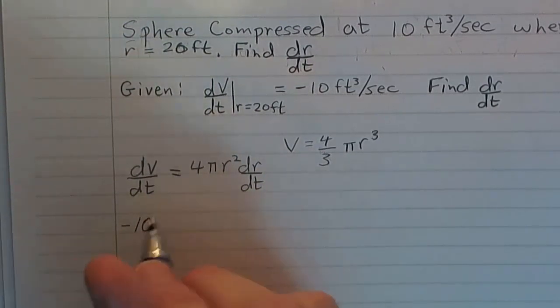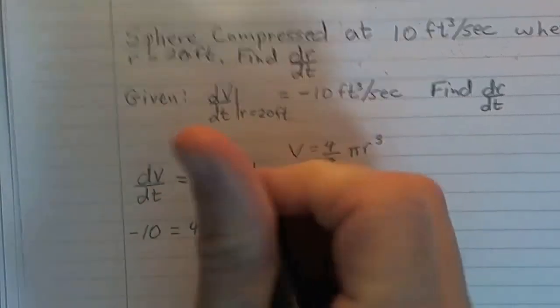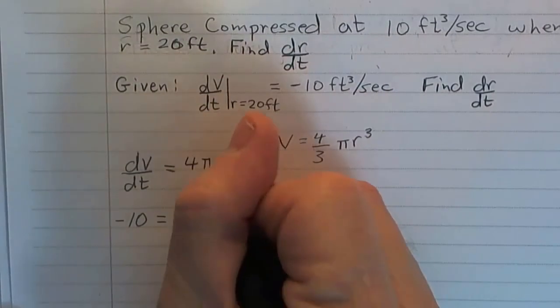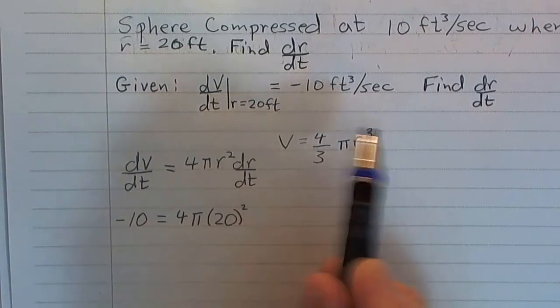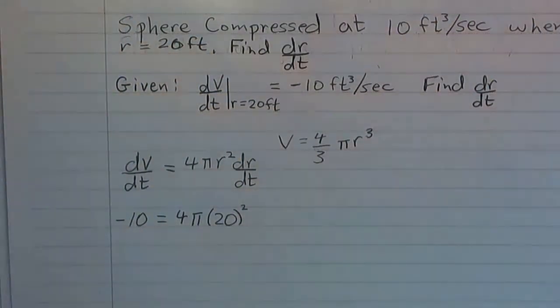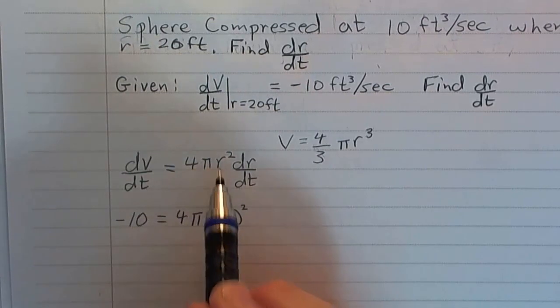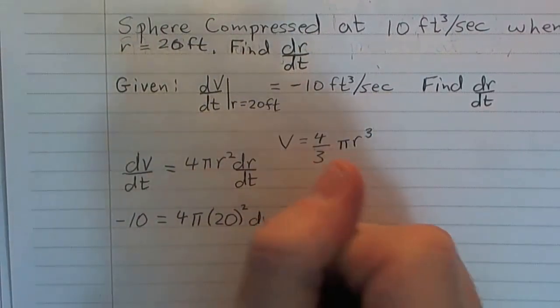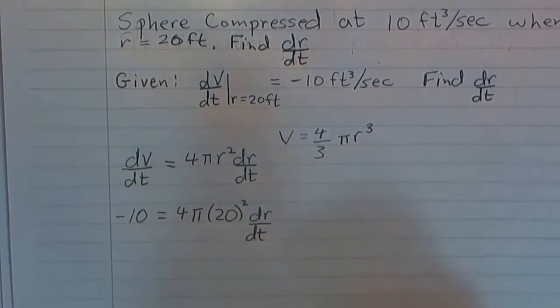So we've got negative 10 equals 4 pi, and in place of the r, I've got 20. You always have to be careful you're in the same units; you wouldn't want some units in feet and some in inches, and we are consistent here. So we've got 4 pi 20 squared dr dt.